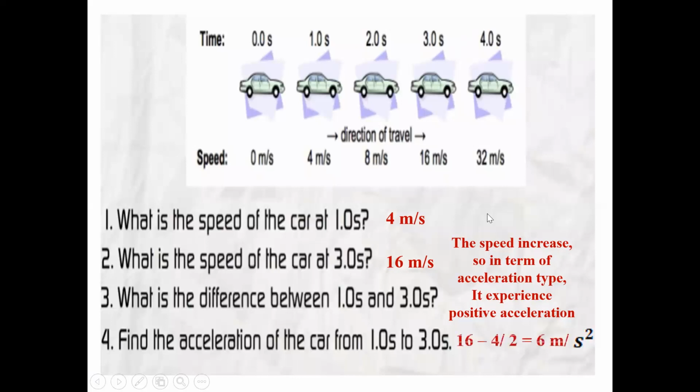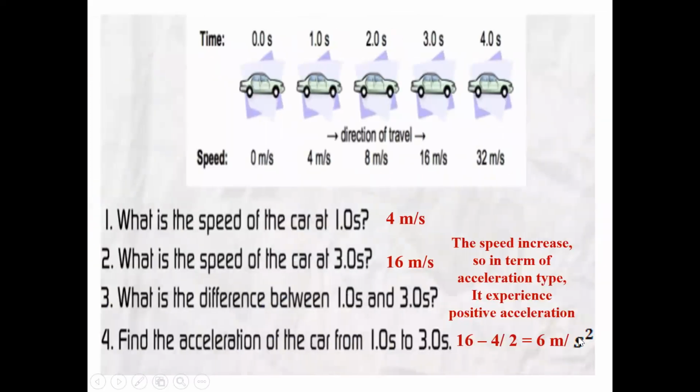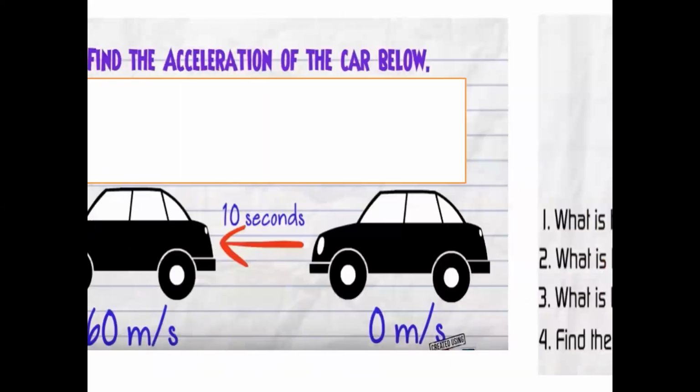So here is the answer: 16 minus 4 divided by the total time taken, 2 seconds. So it will be 6 meters per second square. Don't forget that the unit of the acceleration is meter per second square. Okay.